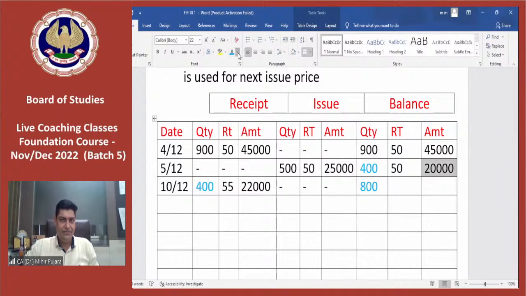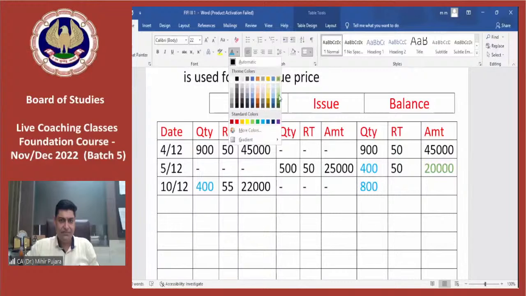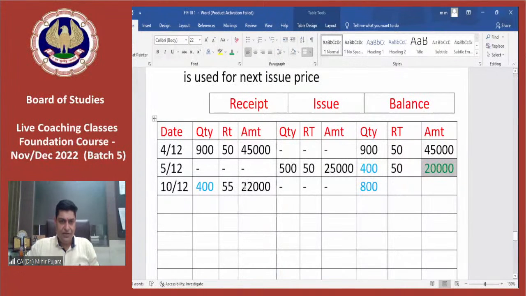And cost plus cost. So my friend, quantity plus quantity and cost plus cost.